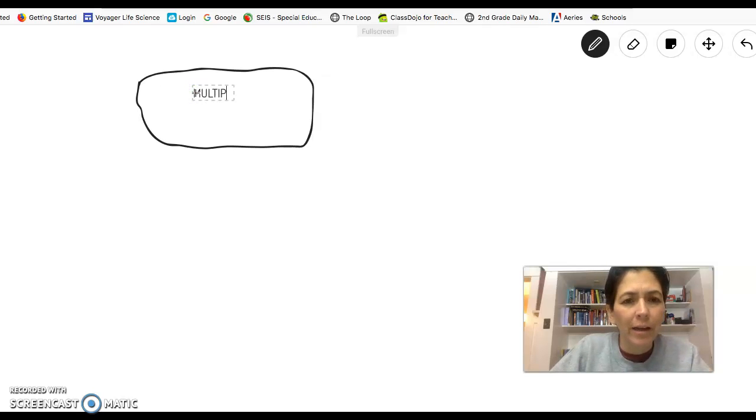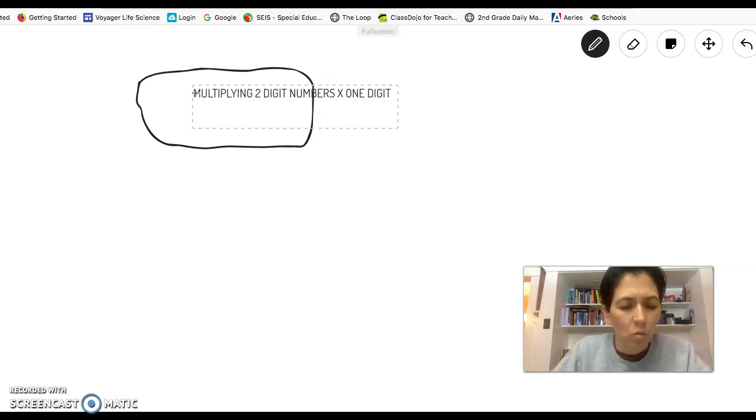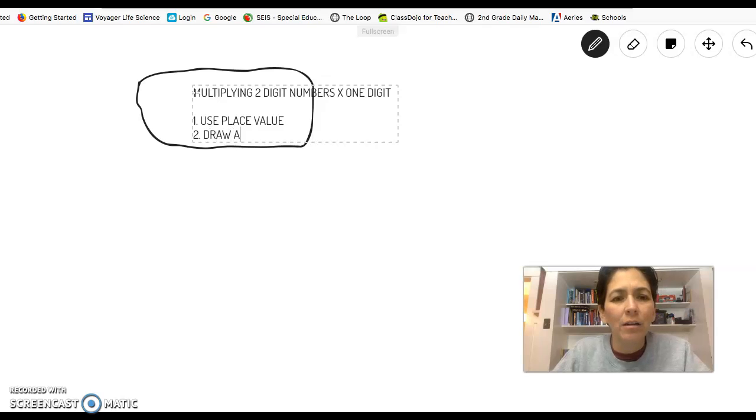We are multiplying two-digit numbers by one digit. We're going to use place value. We're going to draw and fill in the boxes. We are going to do the actual multiplying, and then we're going to add up our products.